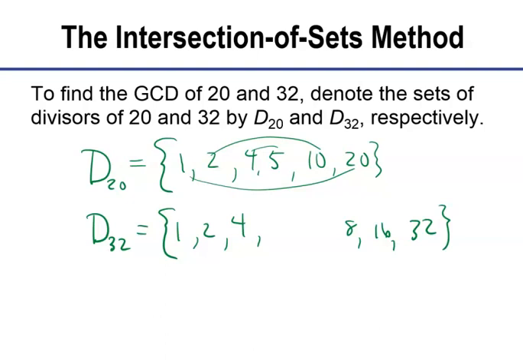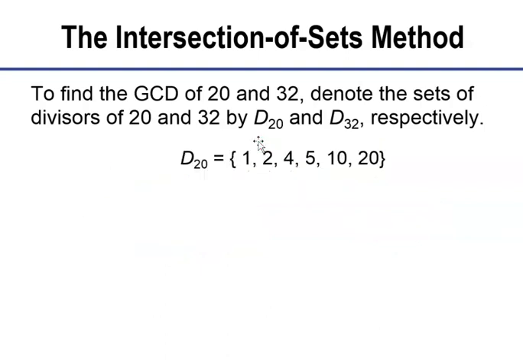Now, what is the largest number that is on both lists? And I think you probably see it. It is 4. 4 is the largest number that divides both 20 and 32. Now, I'm going to show you the typed up version just so you see it again. So there's the list for the divisors of 20, and then we have the list for the divisors of 32, which matches our list.